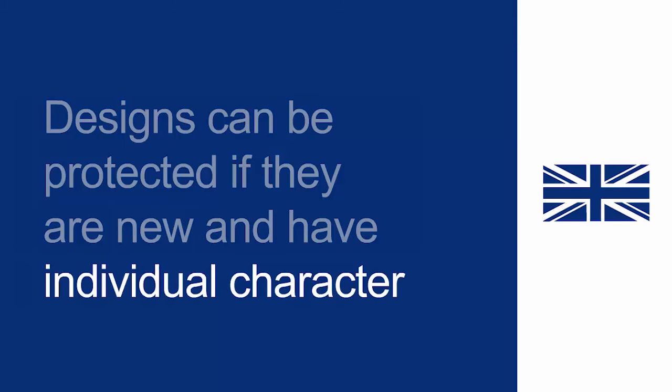A design has individual character if it creates a different overall impression on the informed user to any other designs made available to the public before the date you apply to register. Although there are some exceptions, it is usually good practice to keep your design under wraps before you apply to register it. Otherwise, you could risk that your design will not be new or have individual character because it will already be known to the public by the date of your application.